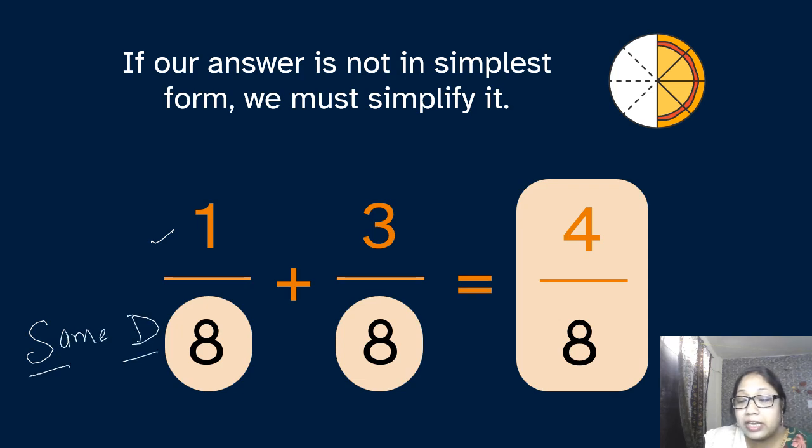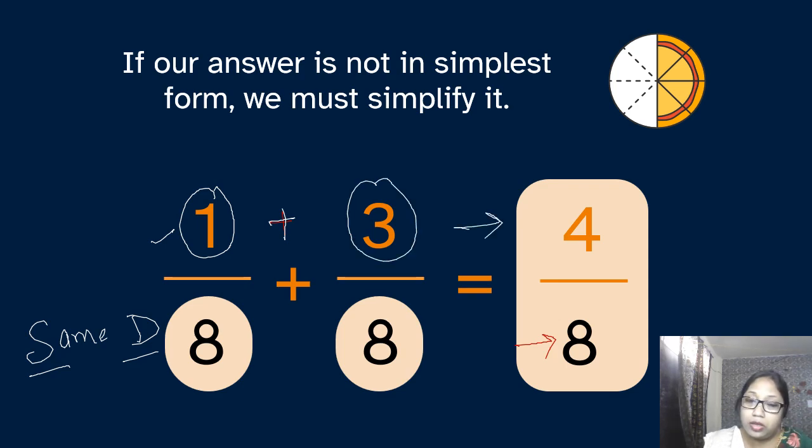No change with the denominators, just write it the same as it is. Then add the top part. 1 plus 3 will give you 4. Now we can see that 4 upon 8 can be reduced further.